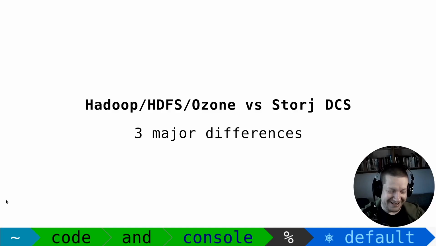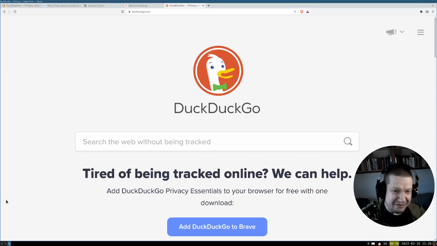The major differences. Yeah, we need to have some number in the title just to make it popular, right? Now, the question is why do we talk about differences at all? They seem to be very, very different, right?